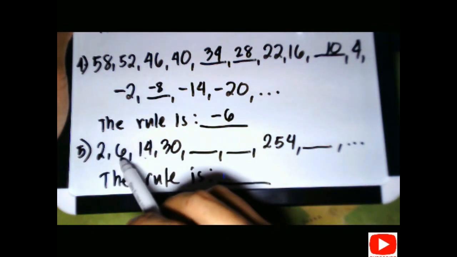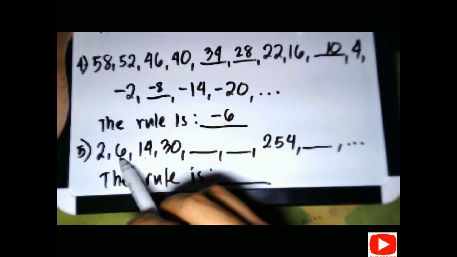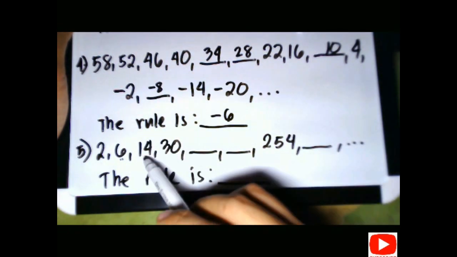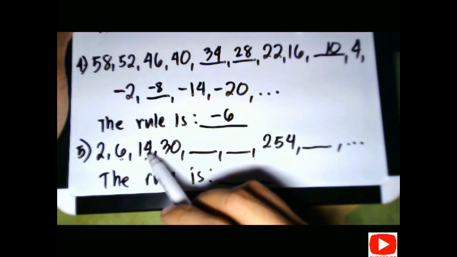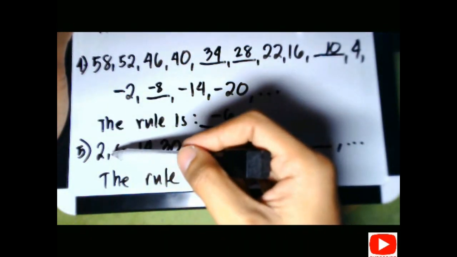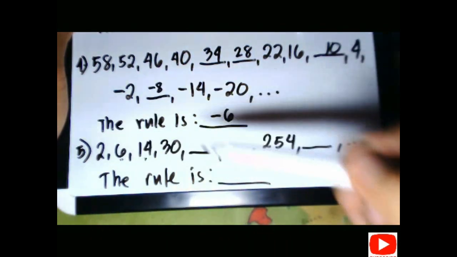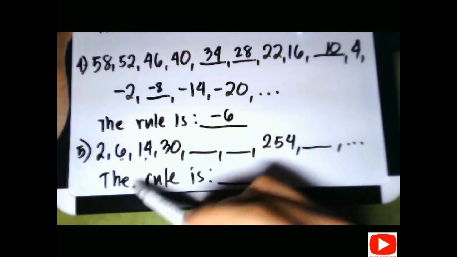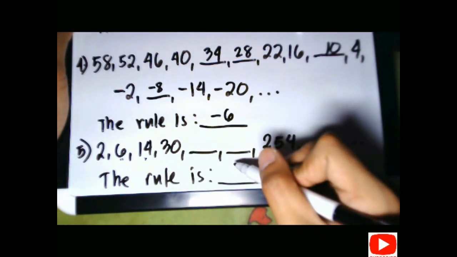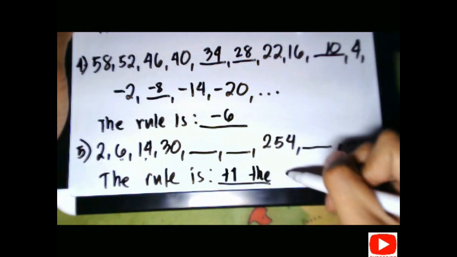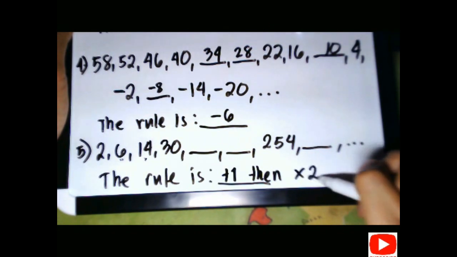Correct. Another. 6 plus 1, that's 7, times 2, that's 14. 14 plus 1 equals 15, times 2, that's 30. So the pattern works for the four terms here.